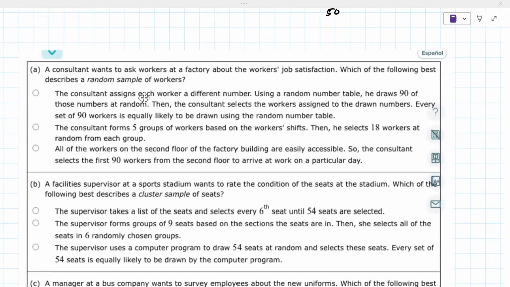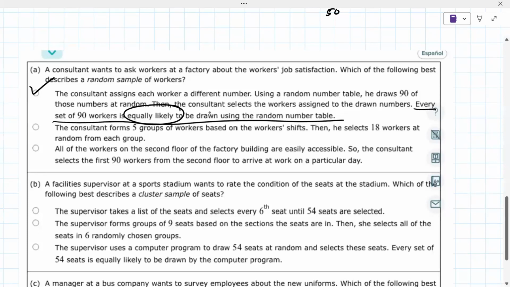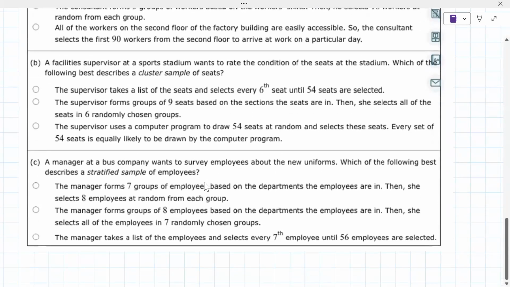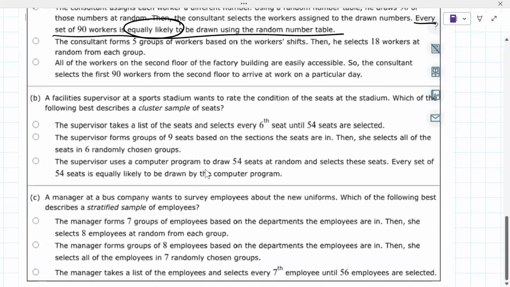The answer is: consultant assigns each worker a different number using a random number table. He draws 90 of those numbers at random. Then the consultant selects the workers assigned to the drawn numbers. Every set of 90 workers is equally likely. That's the key there. A random sample means that everyone is equally likely to be chosen. I don't think it's going to say that in all of them, but that is a nice hint to look for.